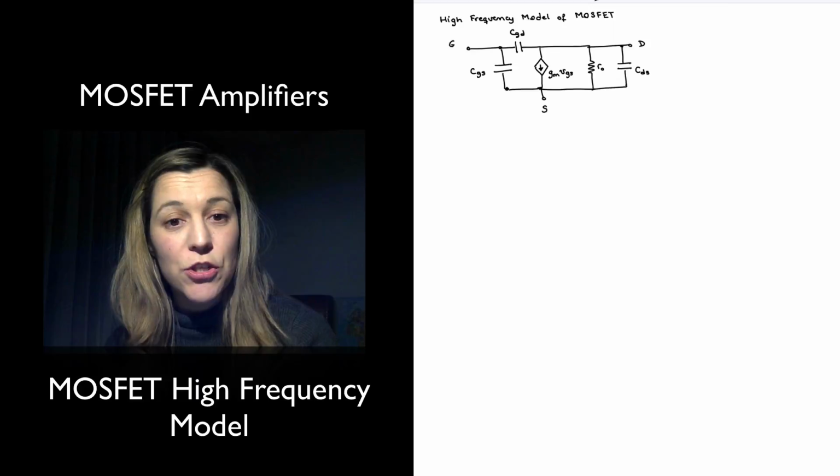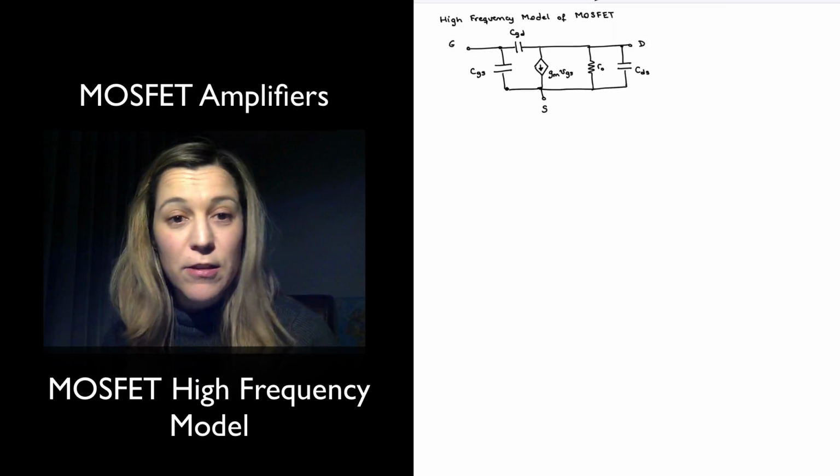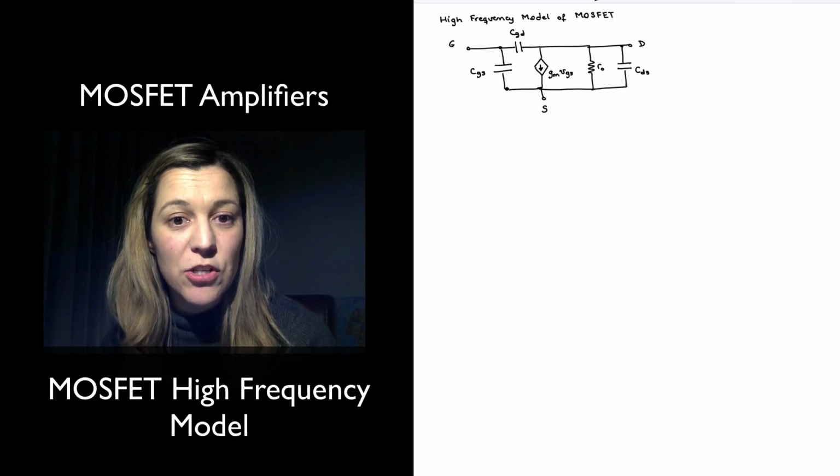If you look at the datasheet for a small signal MOSFET transistor, you will notice that neither of these capacitances appear in the datasheet.